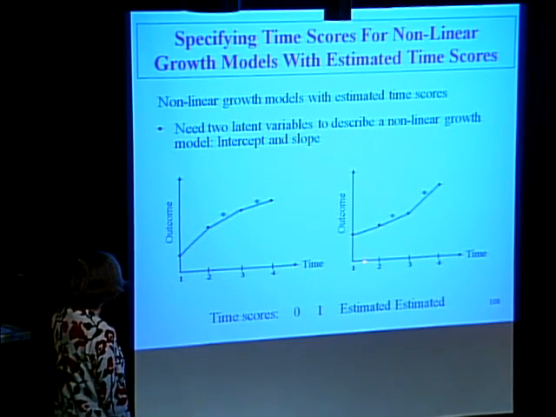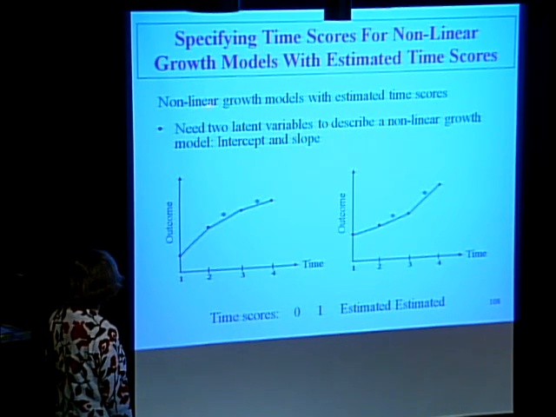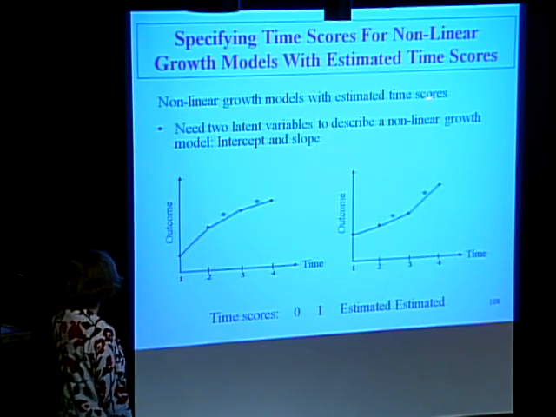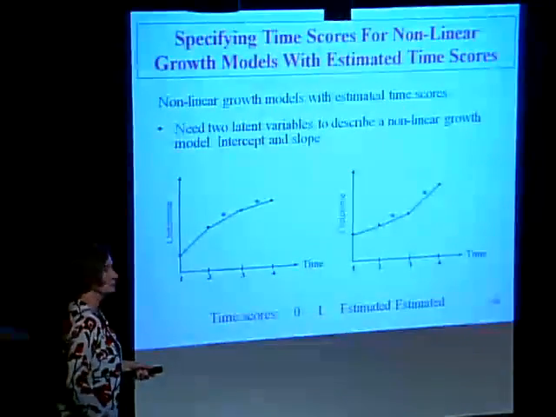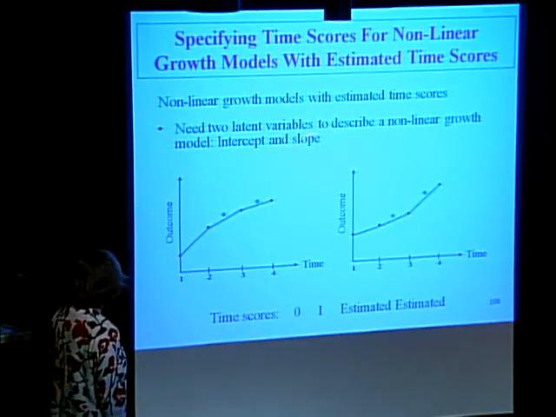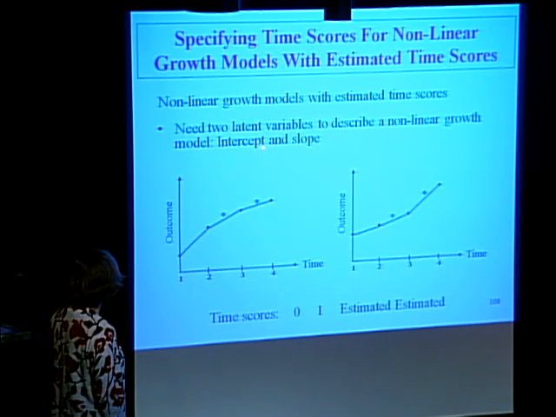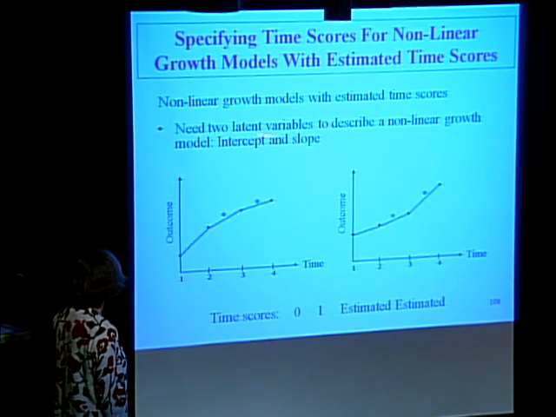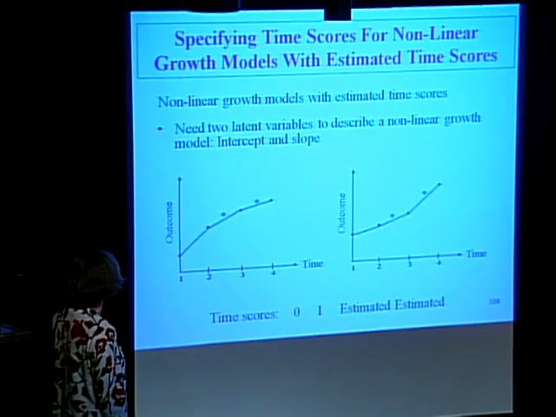And the same thing on the right-hand picture. Now, when you have a growth model with nonlinear development with estimated time scores, you need 2 latent variables. You need the intercept growth factor and the slope growth factor. So those are the 2 latent variables, the 2 growth factors.